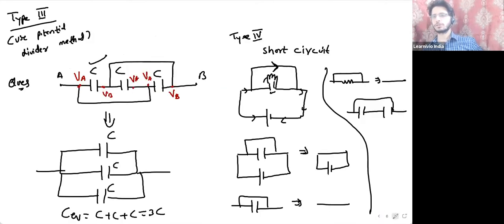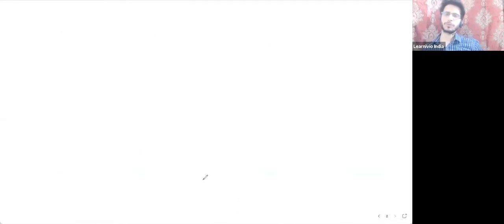Okay, so this is circuit number of type 4 over. Then we have type 5. In type 5 circuit, what we can do is, let's do Wheatstone Bridge.